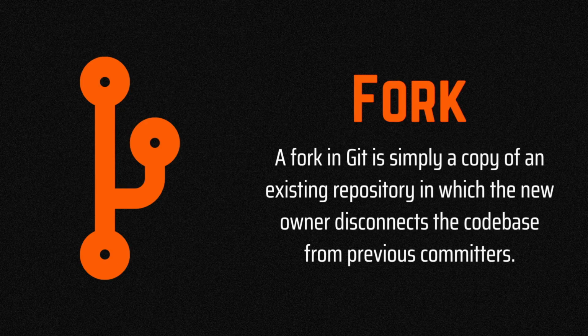Fork is just cloning the repository to your account. Let's say I have a repository A, and you want to copy it. So you fork the repository. Then that same repository A will be cloned to your GitHub account, let's say.